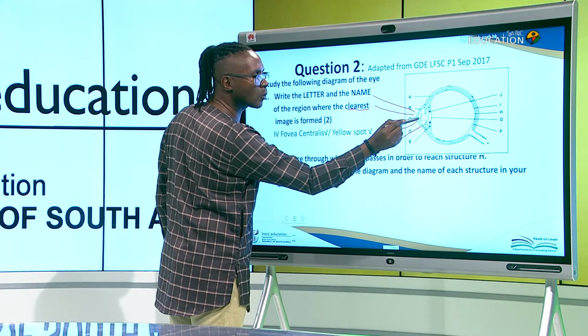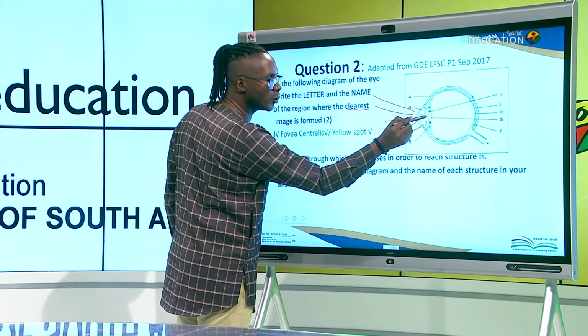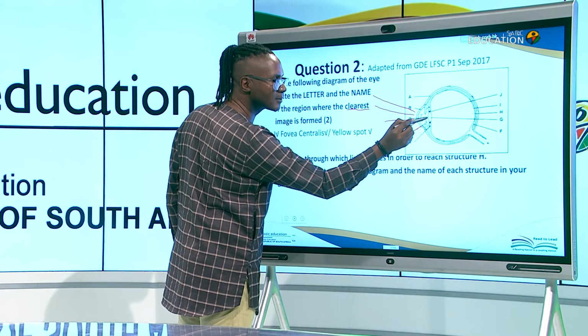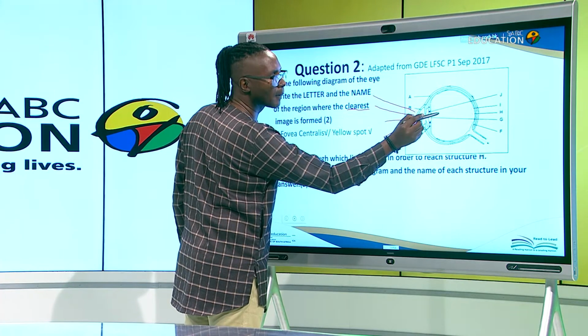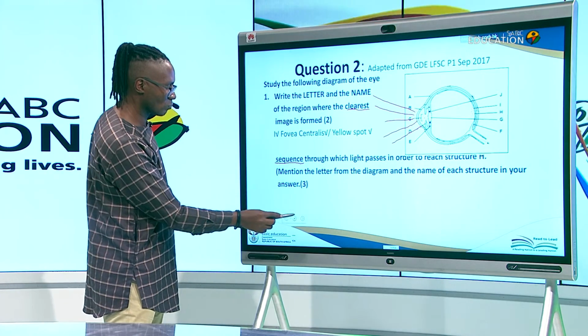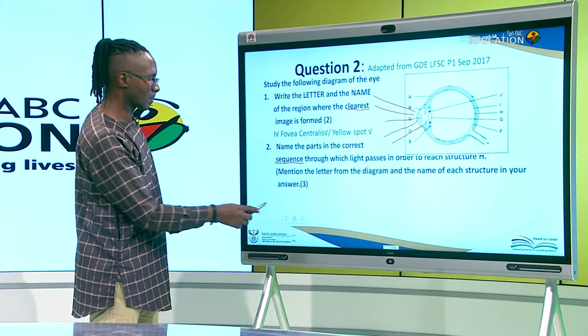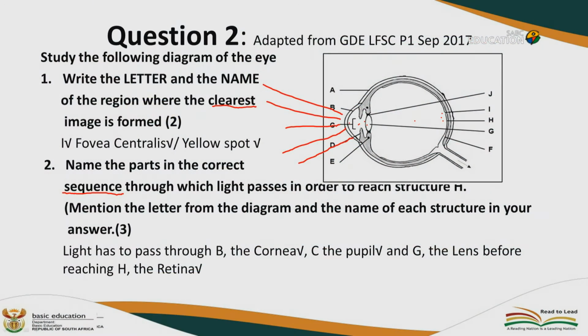It passes through the aqueous humor, through the pupil, through the convex lens, then vitreous humor, retina. Light has to pass through B, cornea, the pupil, the lens, before it reaches the retina.